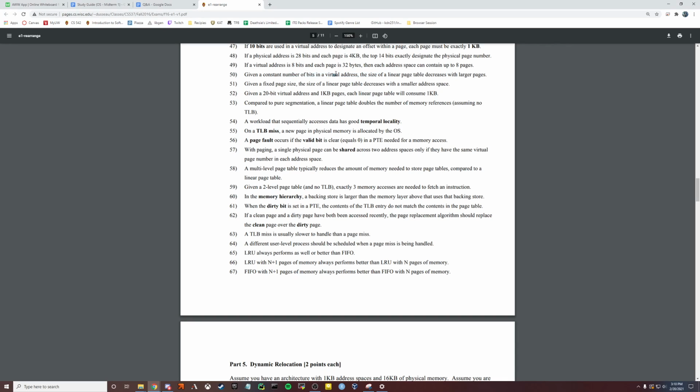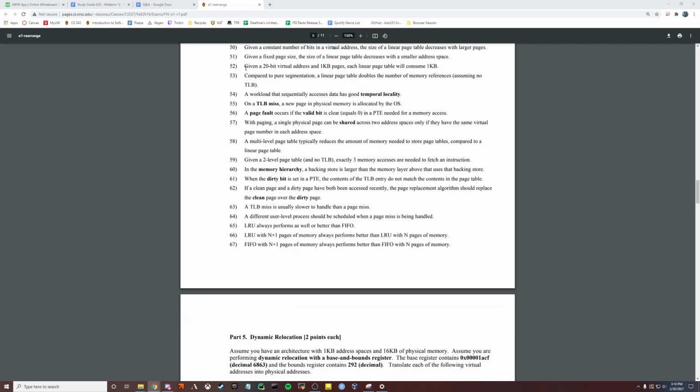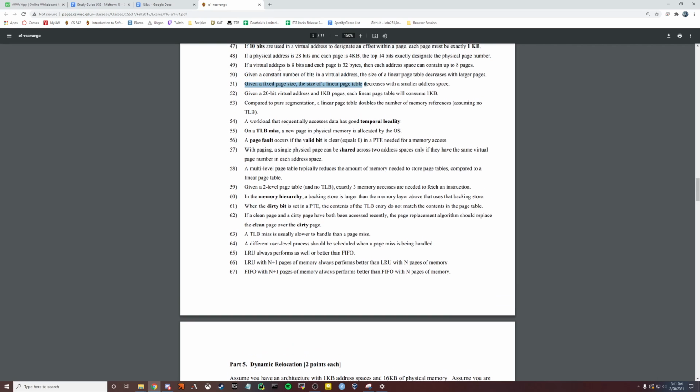So 50 is true. 51, given a fixed page size, the size of a linear page table decreases with smaller address space. I mean, with a smaller address space, there are just fewer pages you can have, right?